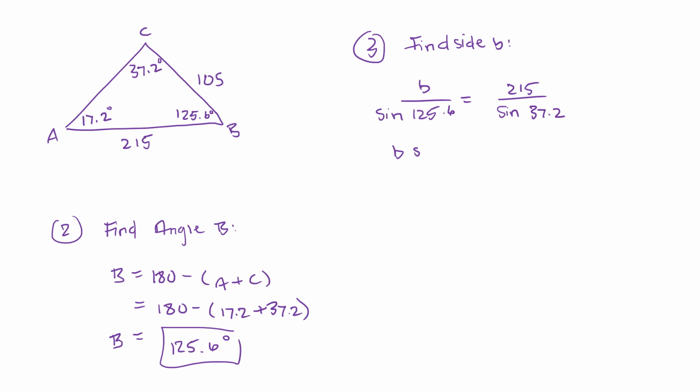So b times the sine of 37.2 equals 215 times the sine of 125.6.